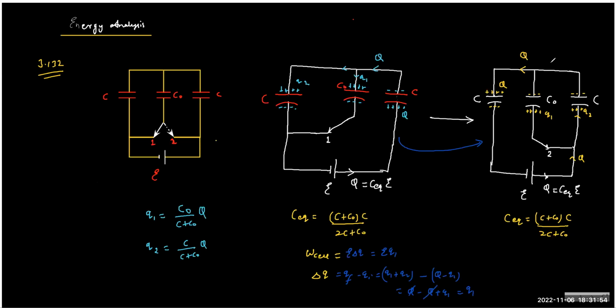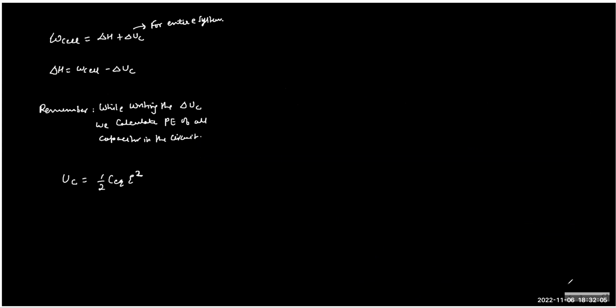If you look at the entire circuit, the net potential across this is how much? E only. So you can write the energy directly as half C equivalent into E square. Is this clear, guys? So what is the initial value?